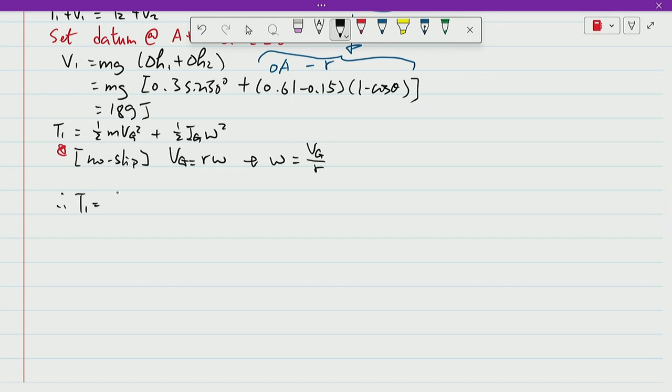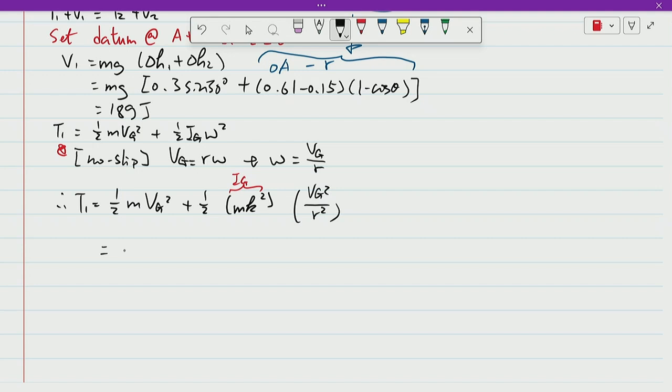So T1 becomes half m Vg squared plus 1/2 m k squared times Vg squared divided by r squared. Again, we're given the radius of gyration. When they do that, life is simple. Just do m k squared.